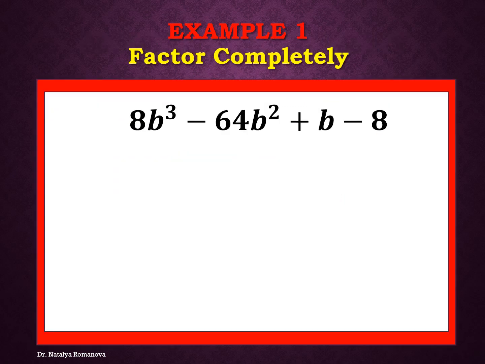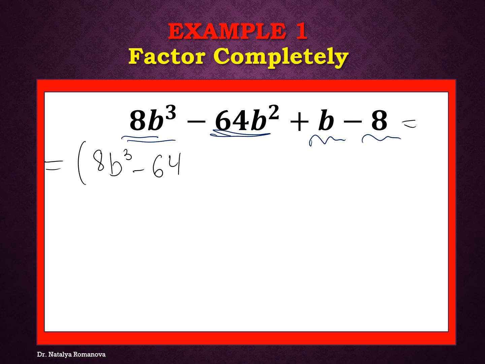Example 1. We are going to factor the polynomial by grouping. First we will combine the first and the second term and the third and the fourth. We have 8b cubed minus 64b squared close parenthesis plus b minus 8 close parenthesis. Now the common factor would be 8b squared.